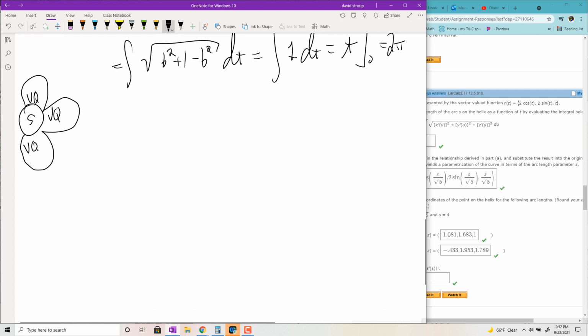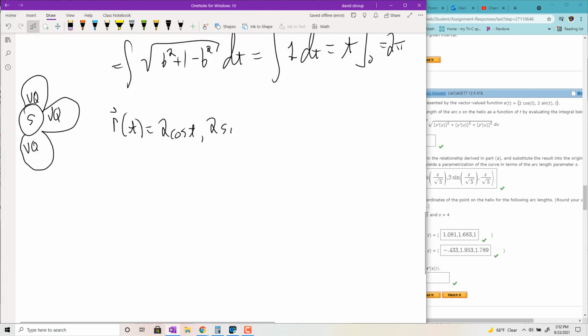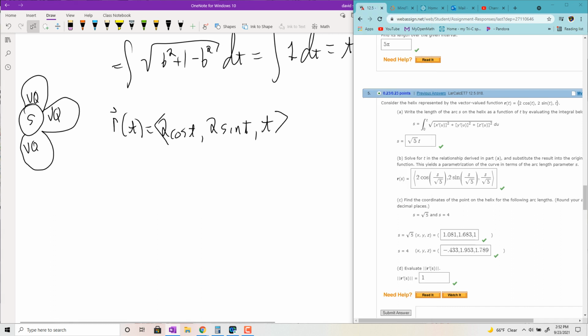Okay, so the function given, r of t is 2 cosine t, comma 2 sine t, comma t. And what do we want to do?